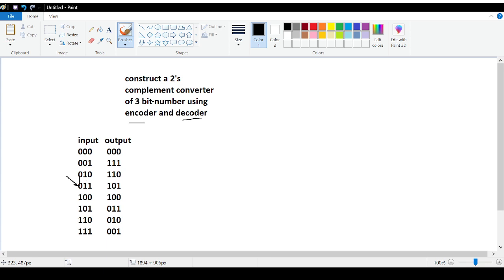Encoder does not take input in binary. Decoders take input in binary. A decoder takes a binary input and converts it into its decimal value. This is a 3-bit input, right? So which decoder should I use here?